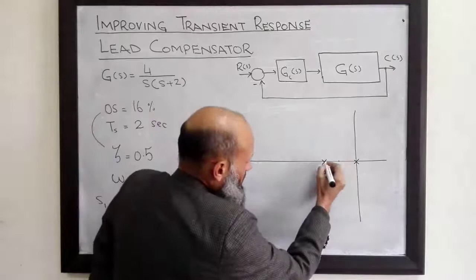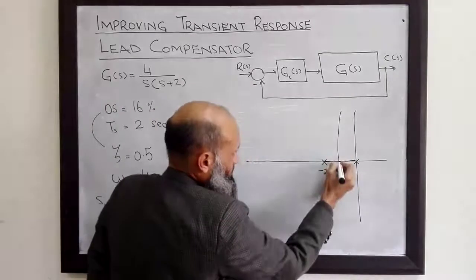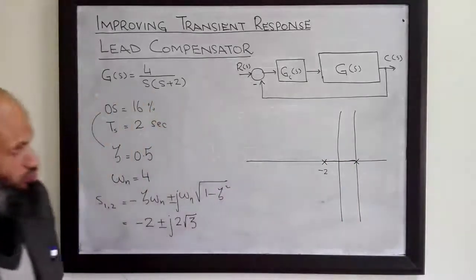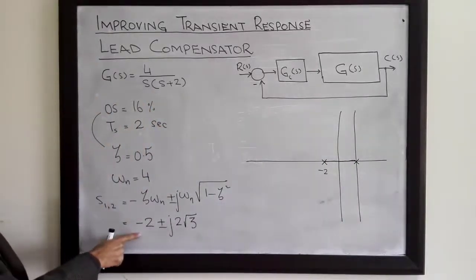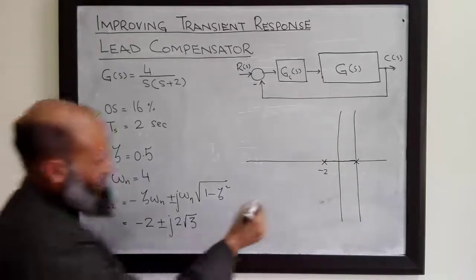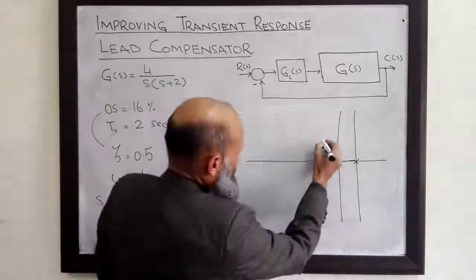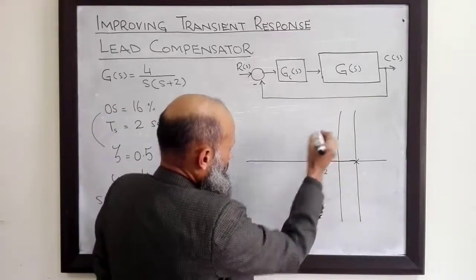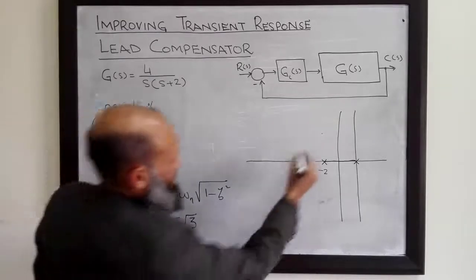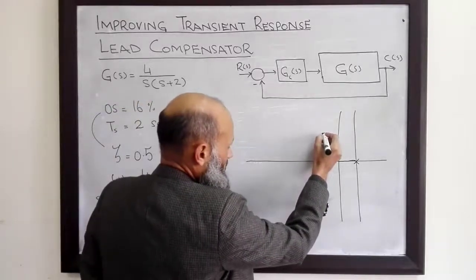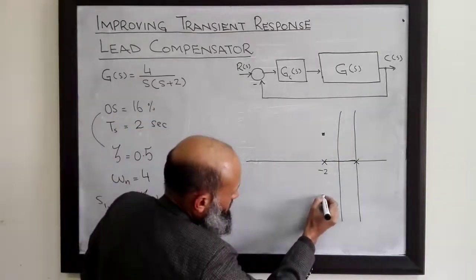So this is the root locus for the system, and for the location of desired closed loop poles, we have a pole at S equal to minus 2 plus j 2 square root of 3. So one desired closed loop pole is at this location, the second one is its complex conjugate.